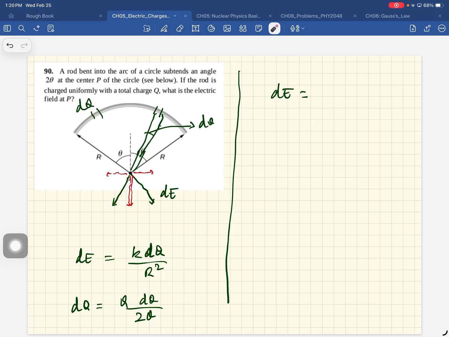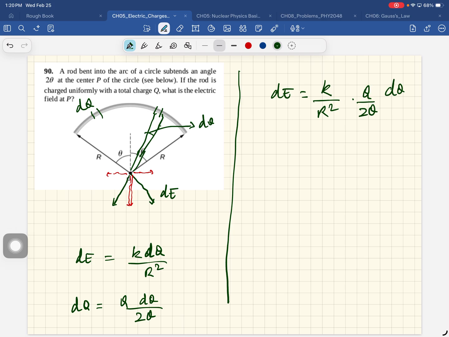So the total electric field, in the y direction, is the integral of dEy. So Ey is the integral of k over r squared, Q over 2 theta, cosine phi d phi.